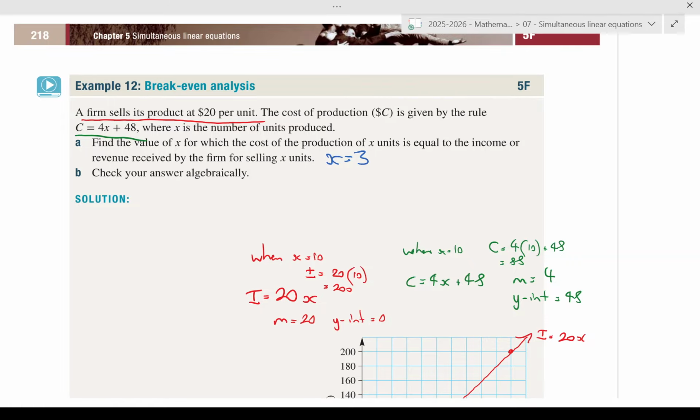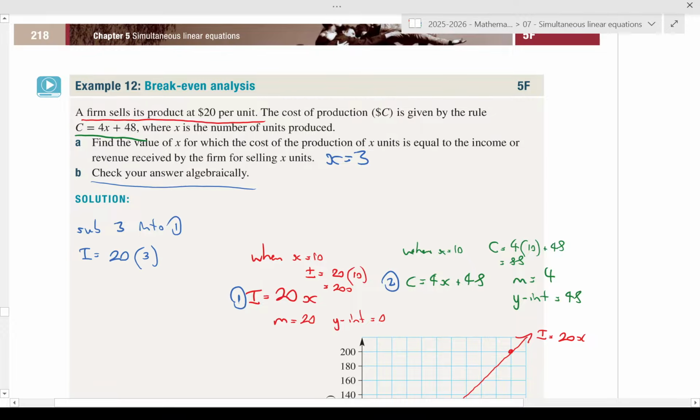Now here it says check your answer algebraically. The way we do that is we can sub that value in. We'll call this one equation 1 and this one equation 2. We're going to sub 3, because that's the value of x that we just found, into 1. So I equals 20 times 3, which equals 60.